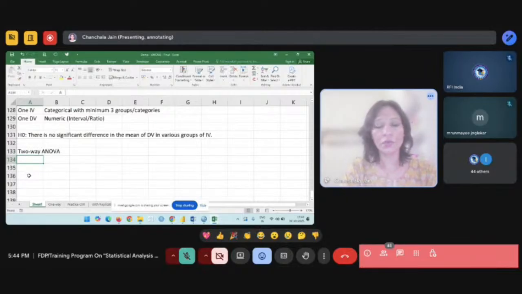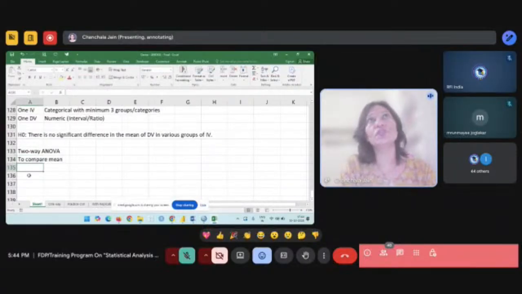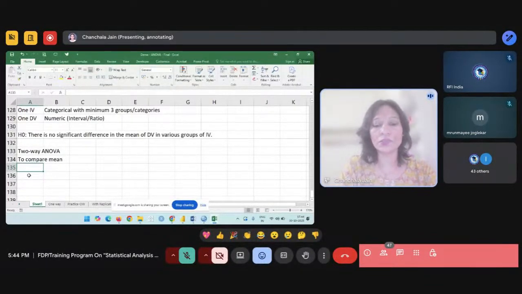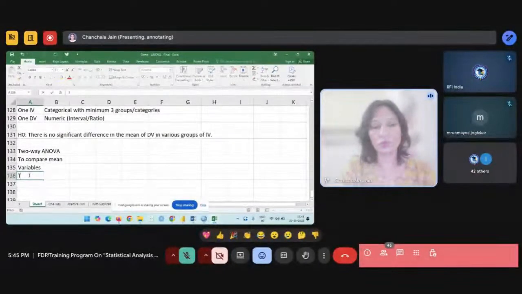The purpose here is again to compare means. The purpose is simple. You always need to compare means in case of ANOVA, right? But when I say this is two-way ANOVA, you need to understand that you need to have 2 IVs and 1 DV.